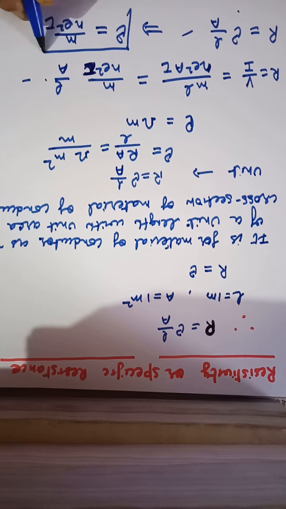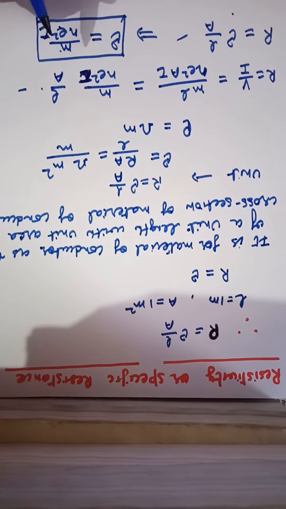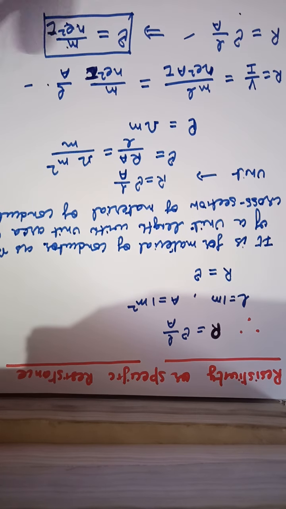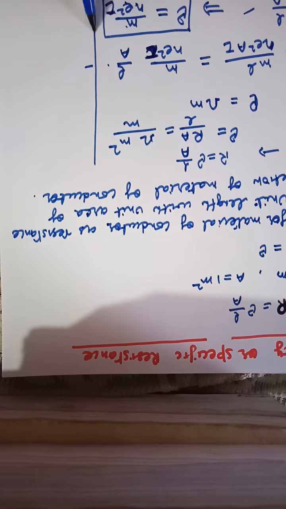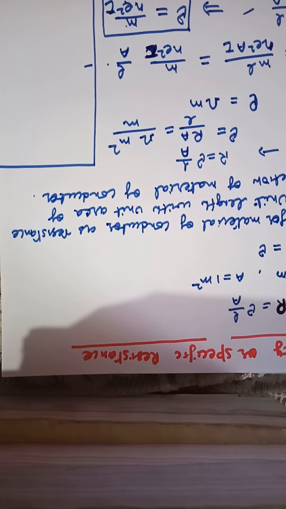So this is another formula of the specific resistance, in terms of the relaxation time, number density of electrons, mass of electron, and charge on electron. Now we have different factors on which resistivity depends. So what are the factors on which the resistivity depends?